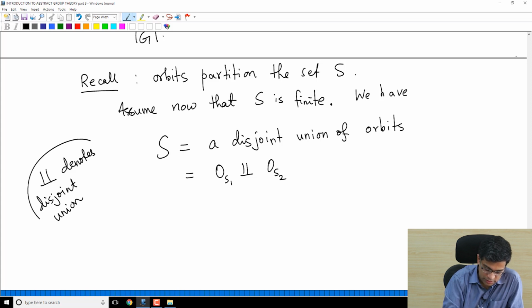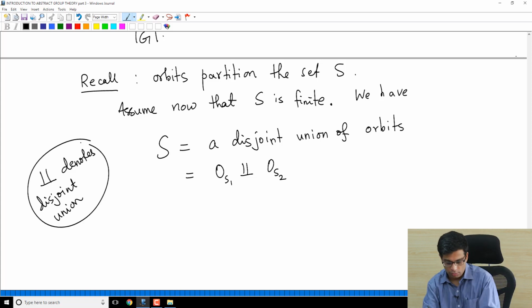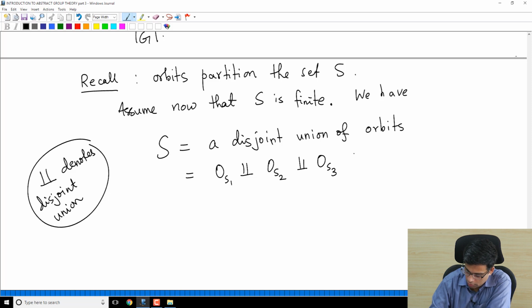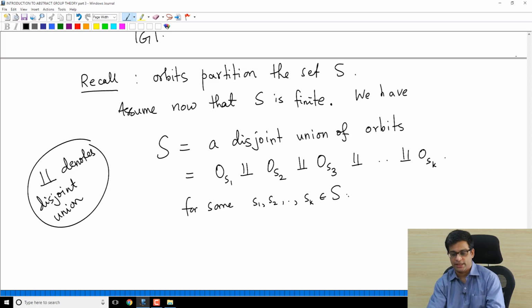This symbol simply means you are taking the union, but in addition it says that the sets involved are disjoint. For some s1 through sk, because S is a finite set, obviously there are only finitely many orbits, and if you take the distinct ones among them, they are all disjoint and they cover S.